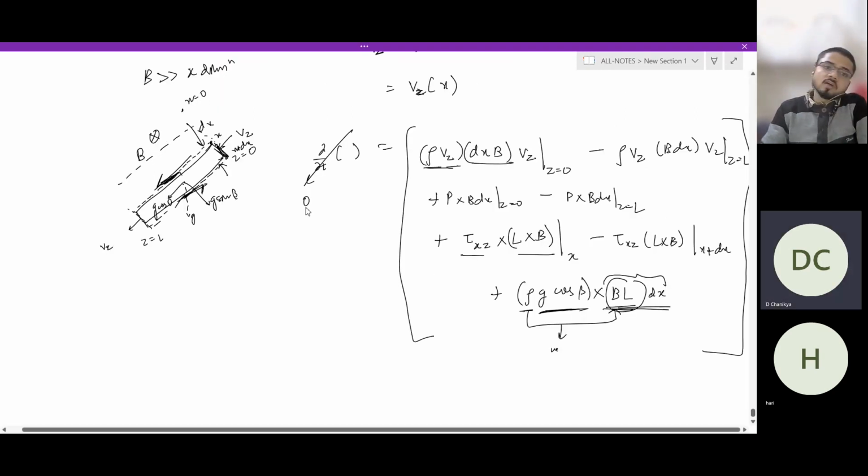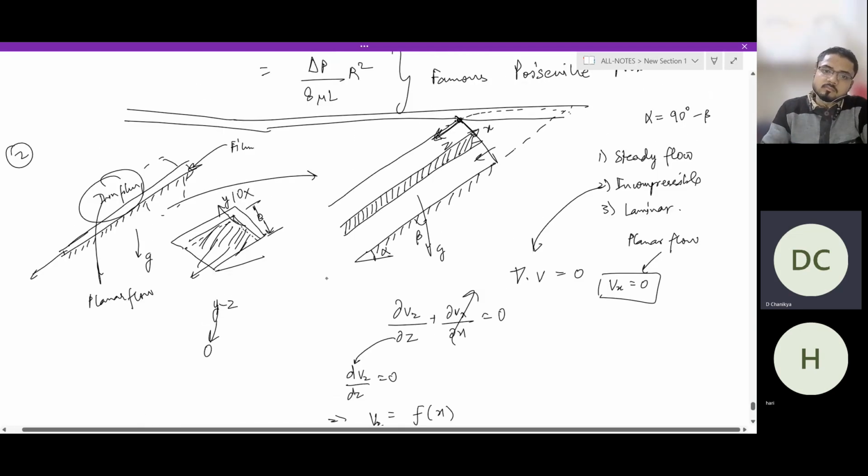Okay, so now, since we had dropped this film from the top of the inclined plane, we just dropped it from here, so it is flowing freely. Free flow. So can we say that Vz at z equals 0 is equal to 0?